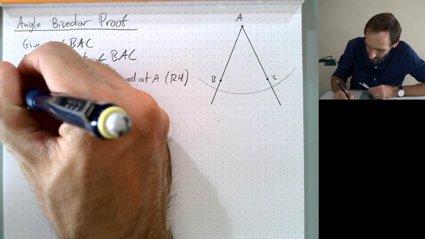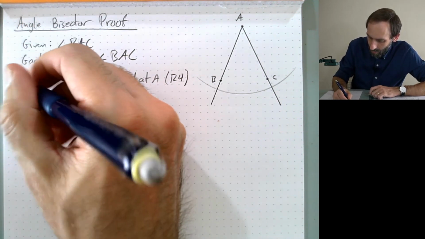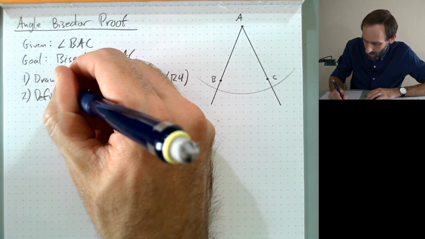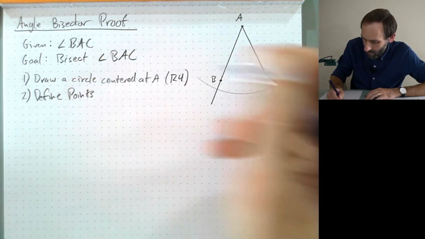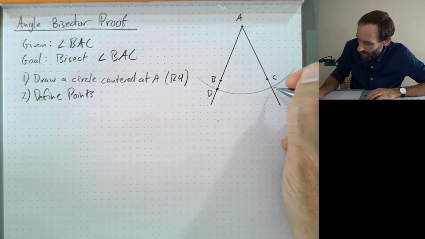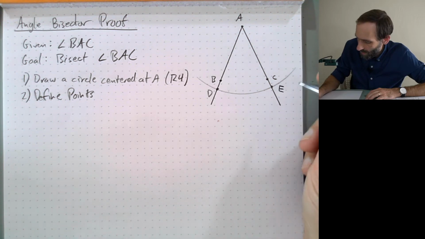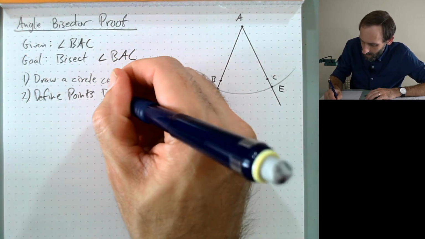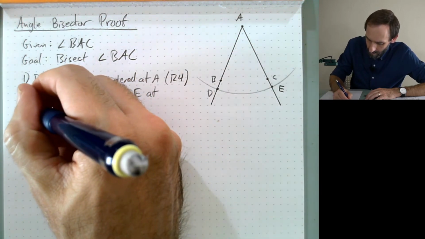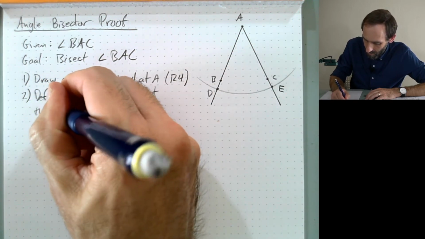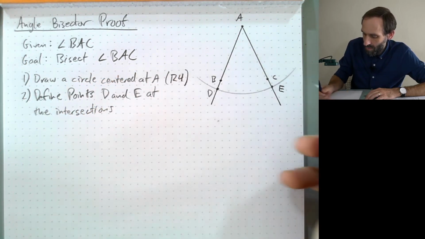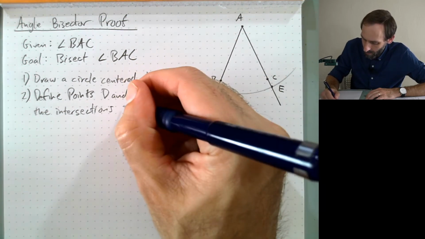And then step 2, I'm going to define the points. And let's see, I've got A, B, and C, so I'll define these points as D and E. So define points D and E at the intersections, basically the intersections between the circle and the angle.